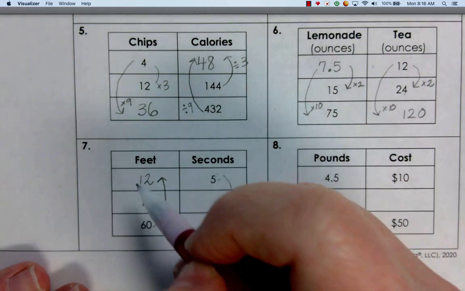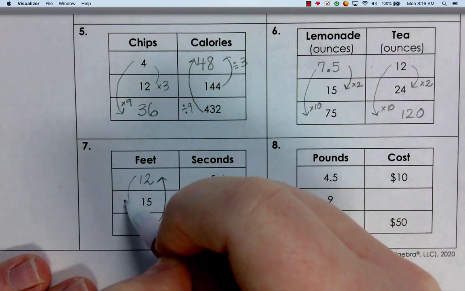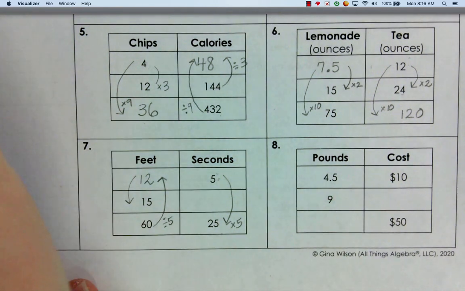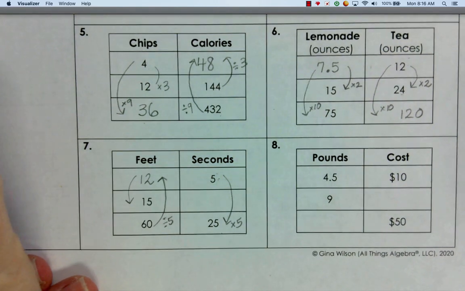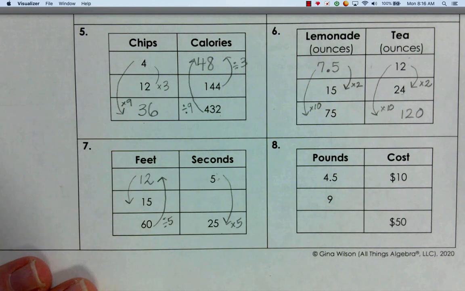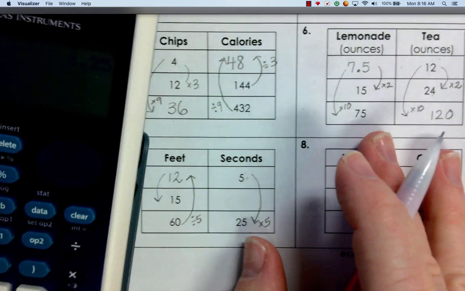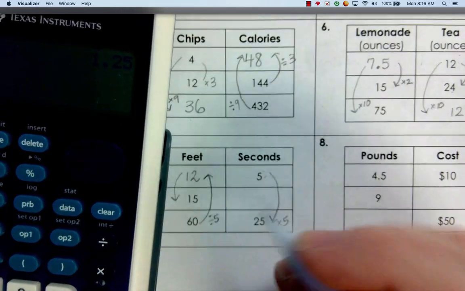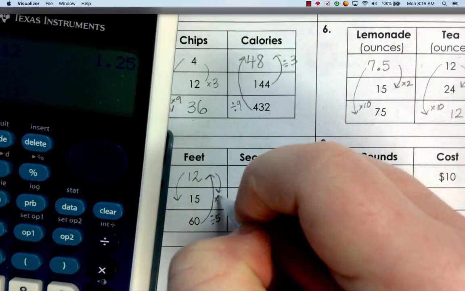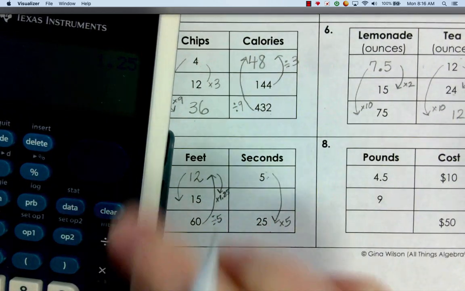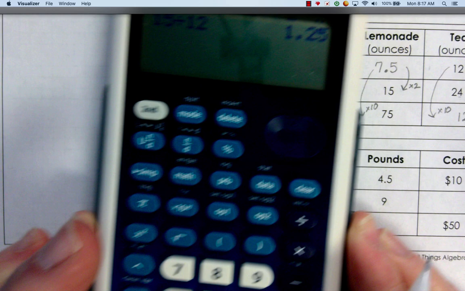So I had to figure out, though, how did I get from 12 to 15? So 15 divided by 12 is 1.25. So hear me out. 12 times 1.25. So I'm going to multiply 5 times 1.25.